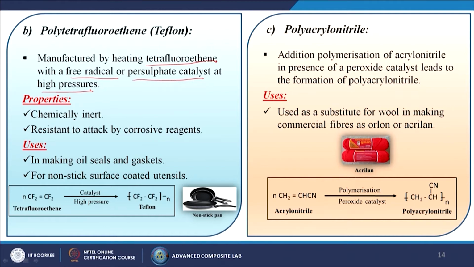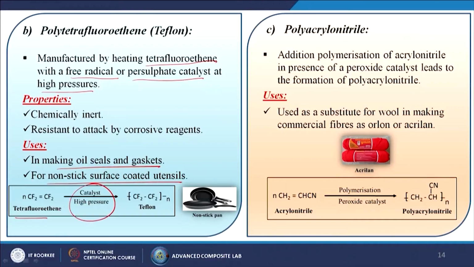So, it is generally used in making oil seals and gaskets, and for non-stick coated utensils. Nowadays in our kitchen we are using all the non-stick utensils where we are using the coating of these Teflon materials. So, tetrafluoroethylene in the presence of catalyst and high pressure we are making Teflon, and we are using it for the non-stick pan.